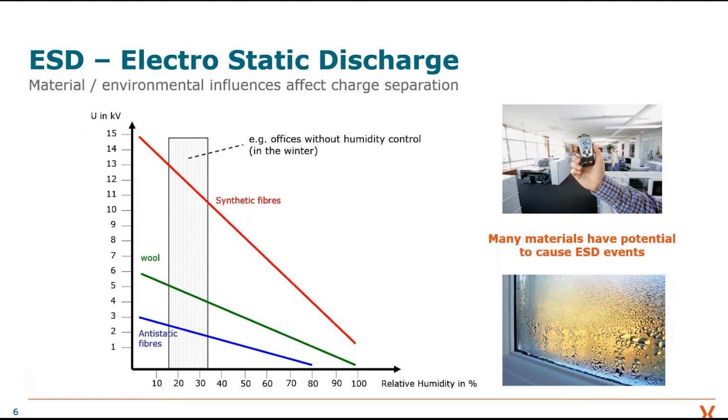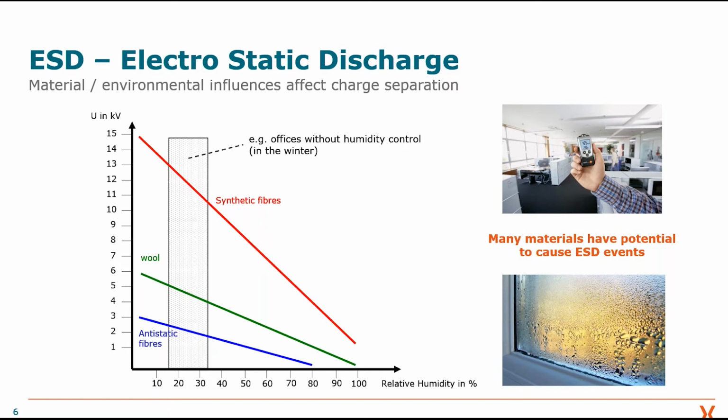If we take a broader look, so what is the threat of ESD? So it's not about the electrical design, but basically we can see ESD threat everywhere. In this graph, you see the y-axis representing the voltage in kilovolts. The x-axis represents the relative humidity in percentage. And the key takeaway here is that, yes, different materials have different potential of ESD, but what is very critical is the humidity of the air, for instance, in production areas.